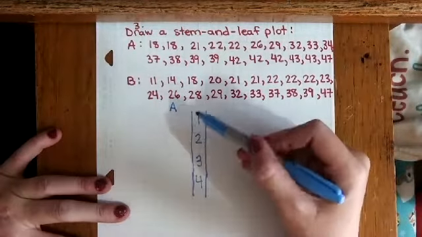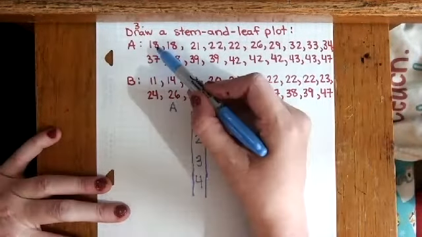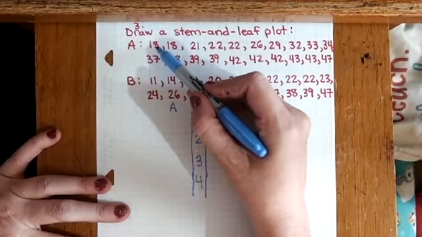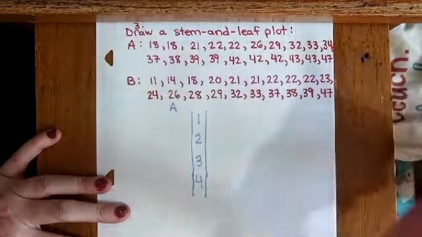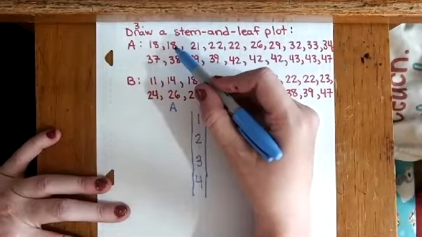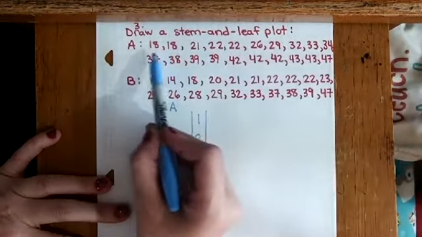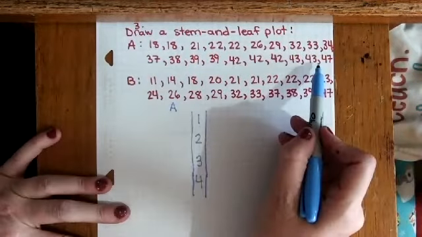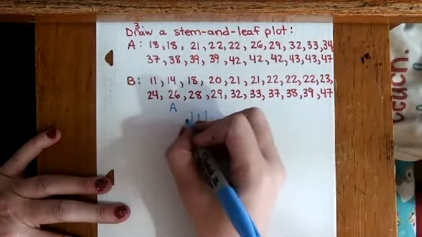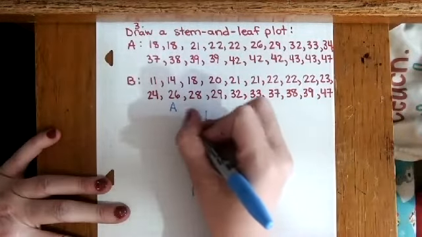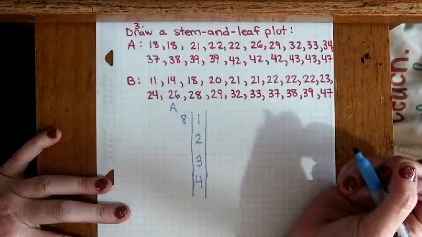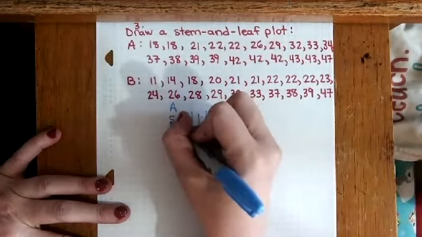What we do is we write the digit that is the ones place, and we write them in order. So I've already sorted the list for us so that our numbers go in order, so that we just have to represent the 18 here in the chart, and the next 18.